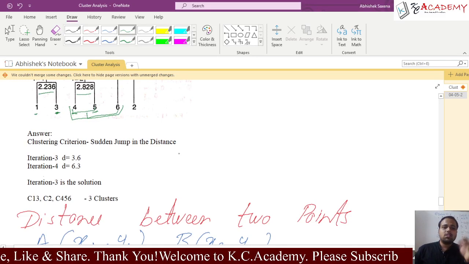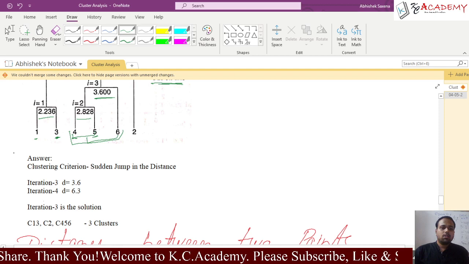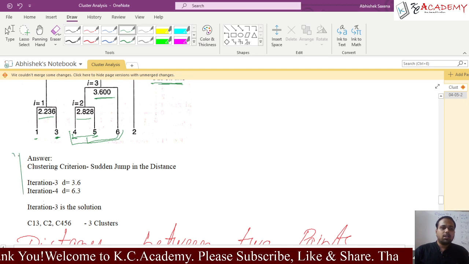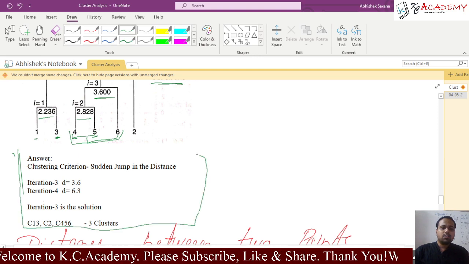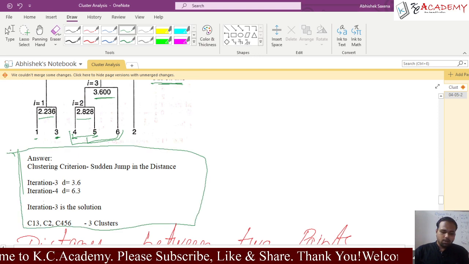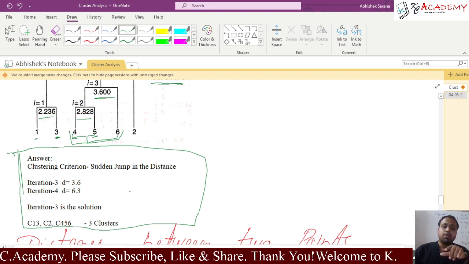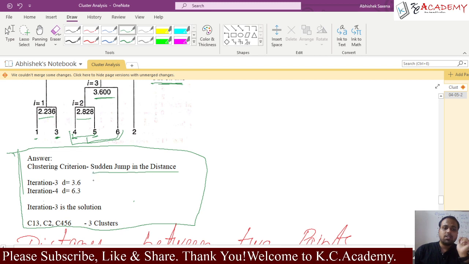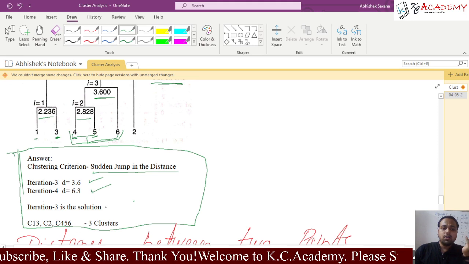And here is the final answer. We have to mention what the clustering criteria is. I told you: a sudden jump in the distance. The sudden jump is at iteration 3, there is 3.6, and iteration 4 there is 6.3, so iteration 3 is the solution.